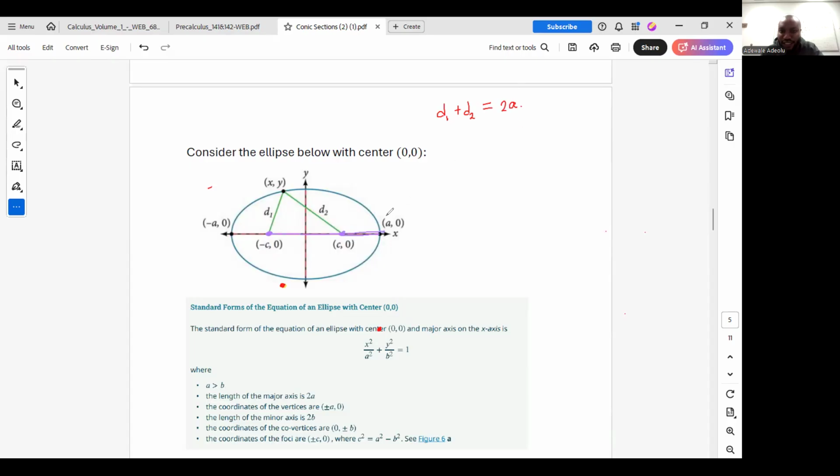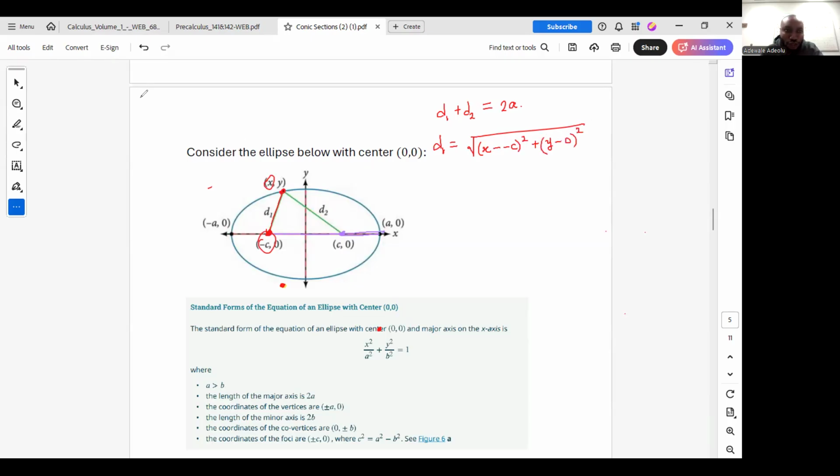Let us see if we can use this idea to figure out something. What is D1? That is the distance from x comma y to negative c comma 0. Well, let us use the distance between 2 points. The formula for the distance between these 2 points, D1, is the square root of x minus negative c, all squared, plus y minus the other point's y, squared.